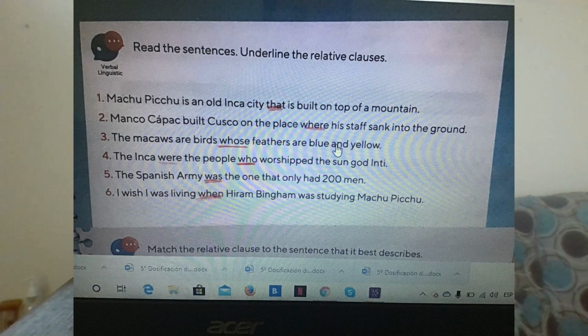I remember in the video class for relative clauses, I explained, please underline the clause, the relative clause. Relative clauses are like another predicate. And then I remember I mentioned, do not only underline one word. No, it is the complete piece of information. But look at the examples.